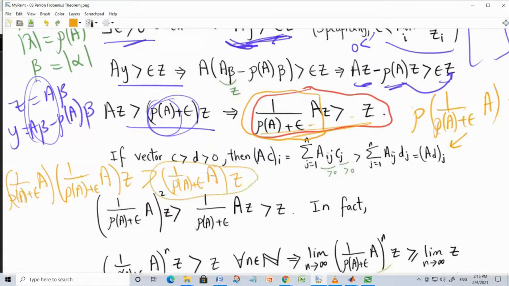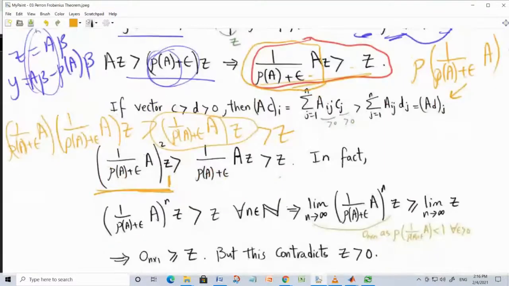But this guy itself is greater than z. So basically, the square of the matrix multiplied by z is strictly greater than z. Do this repeatedly, and what you are showing is that this matrix to the power n, multiplied by z, is strictly greater than z for every natural number n.